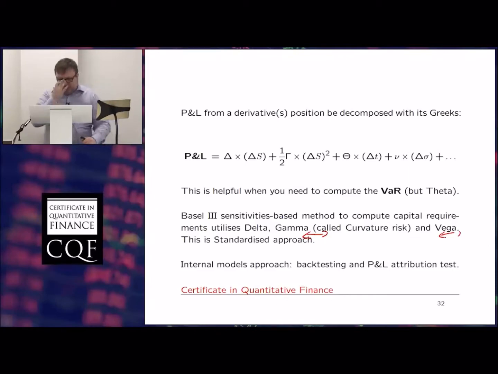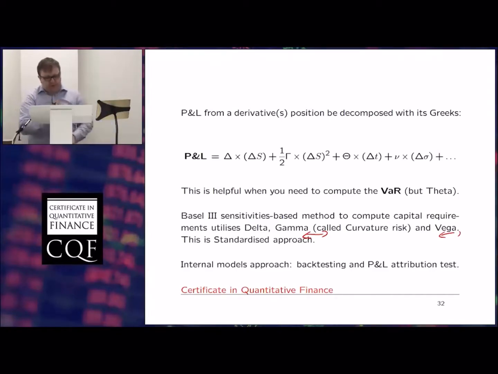But that's the same. So if you have a position in the option, the P&L for a future period would be delta times delta S, plus half gamma times delta S squared, plus theta times delta T, plus vega times delta vol.